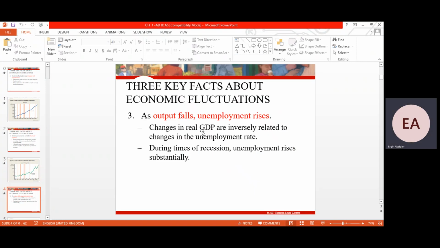Three key facts about the economic fluctuations. As output falls, unemployment rises. Changes in the real GDP are inversely related to changes in the unemployment rate. Which means if the demand is reduced, it is expected that the unemployment rate will increase, and as a result, the output falls.